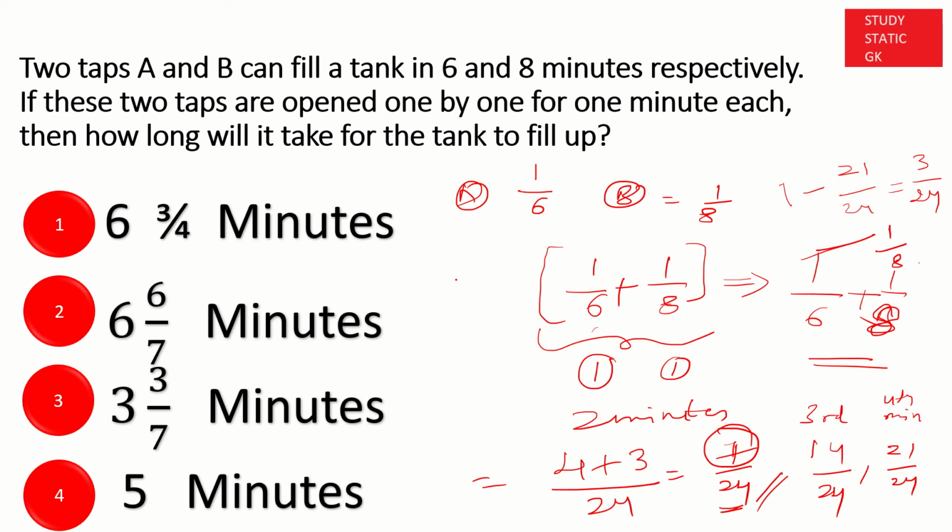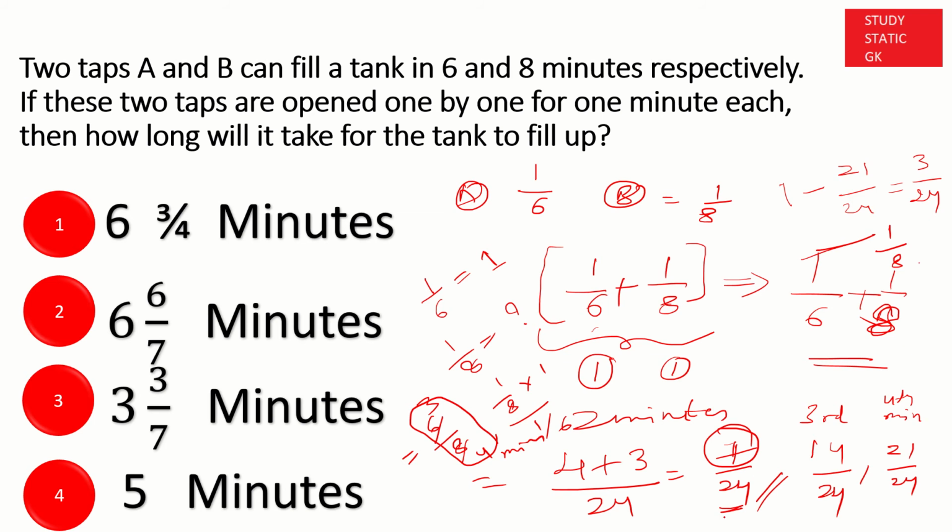So if 1 by 6th part takes 1 minute, how many minutes will 1 by 8 part take? 1 by 8 into 6 is 6 by 8. 2 3s are 6, 2 4s are 8, that means 3 by 4 minutes.